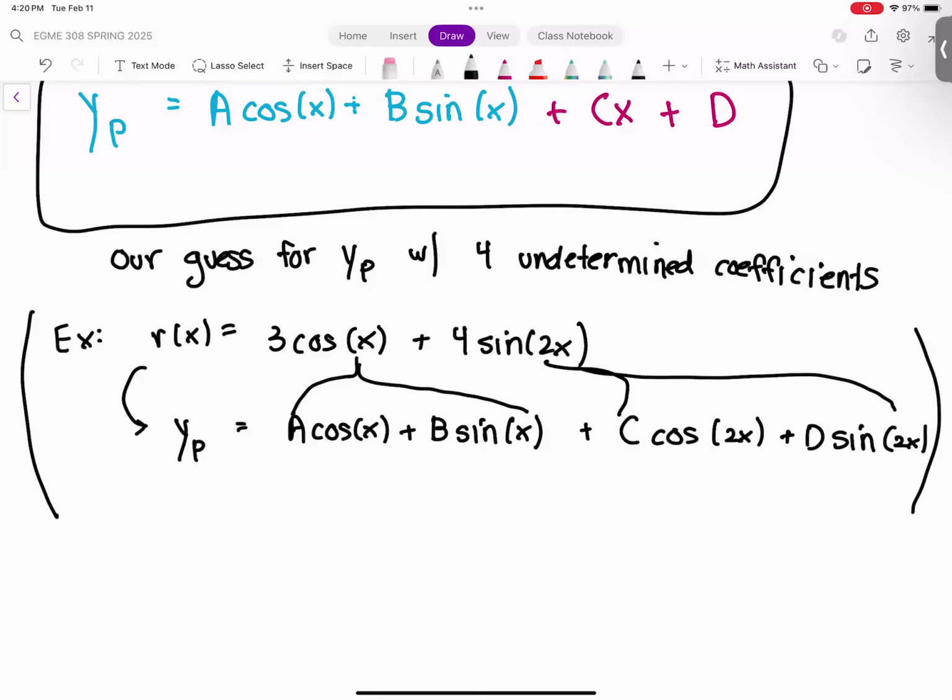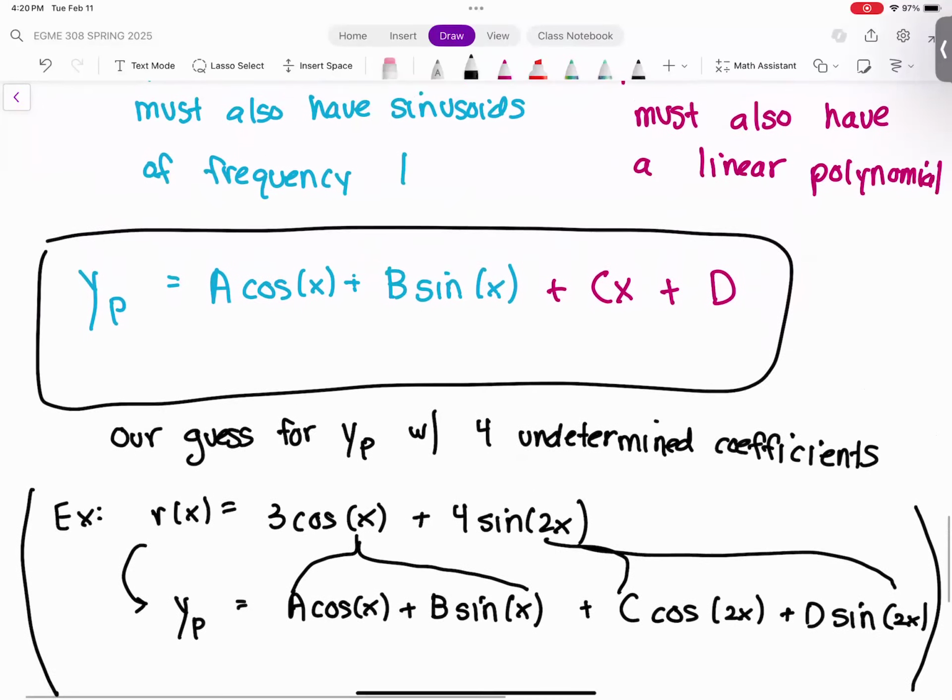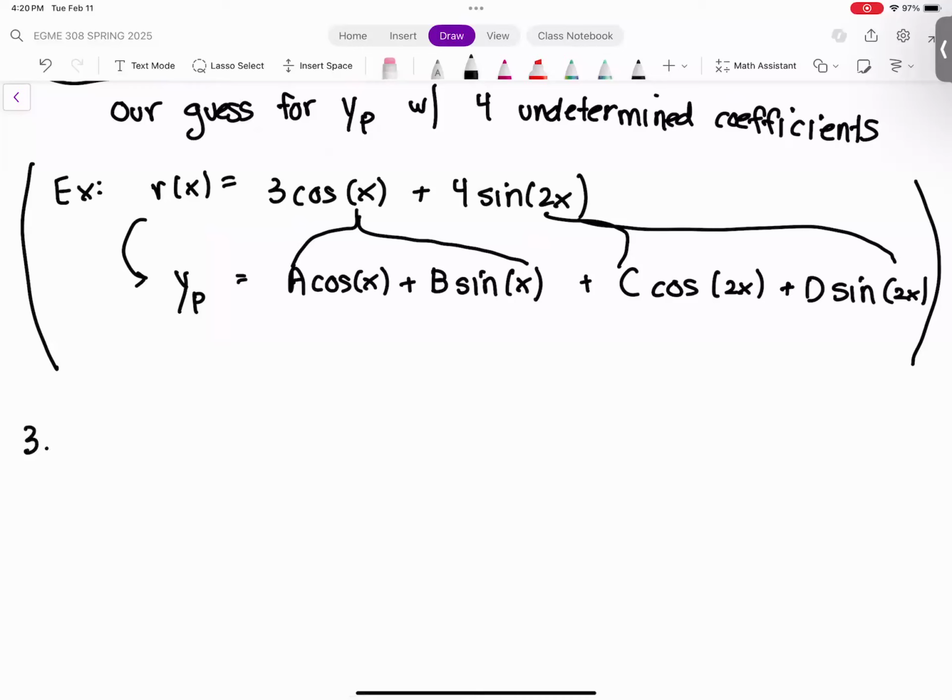Okay. So once you have your guess for yp, step 3 to these problems is to take its derivatives and then plug it back into the original equation.